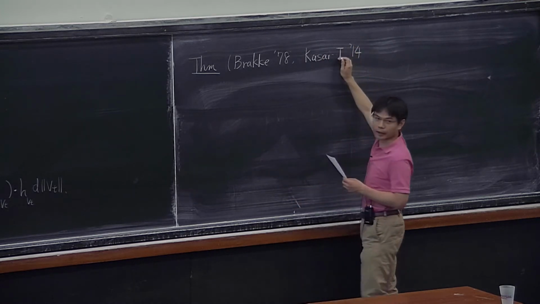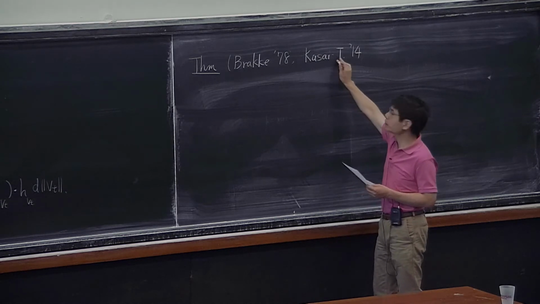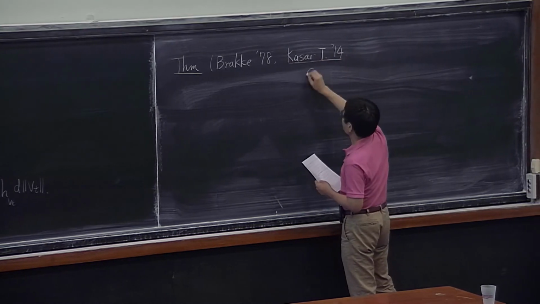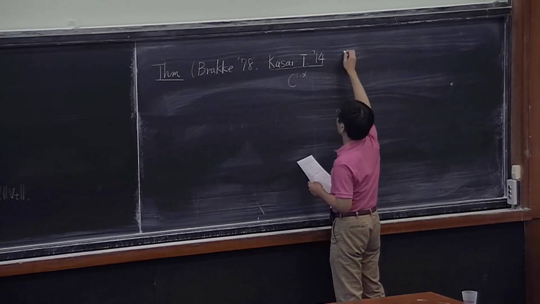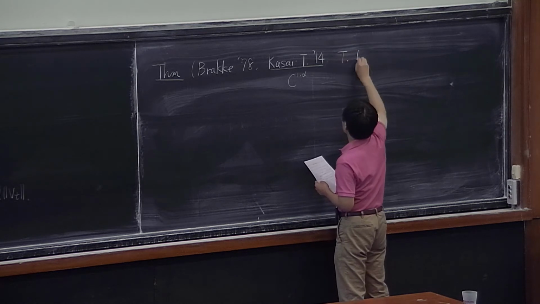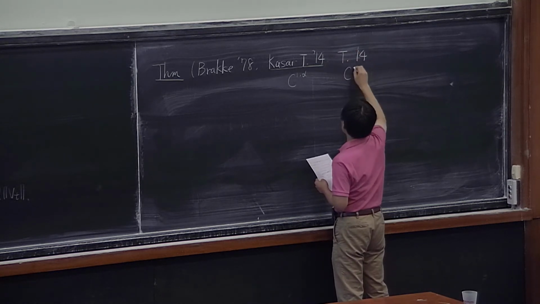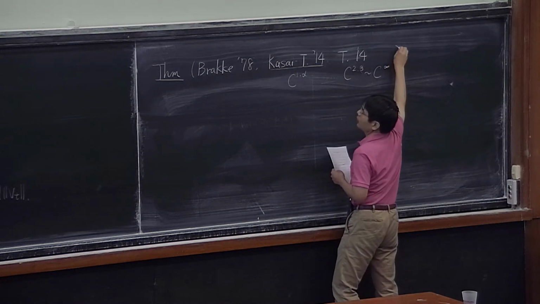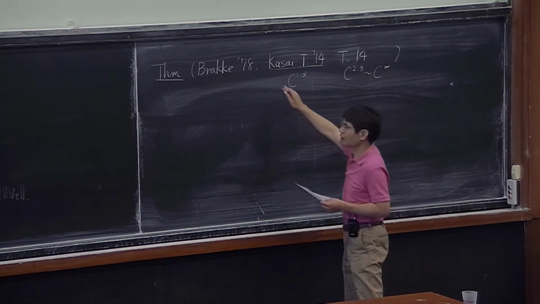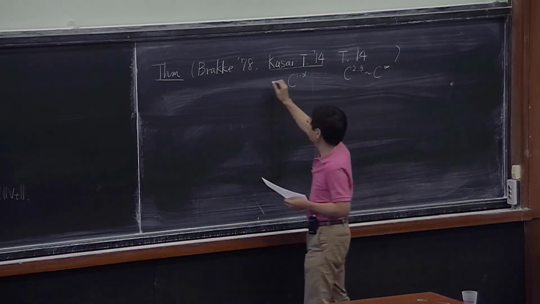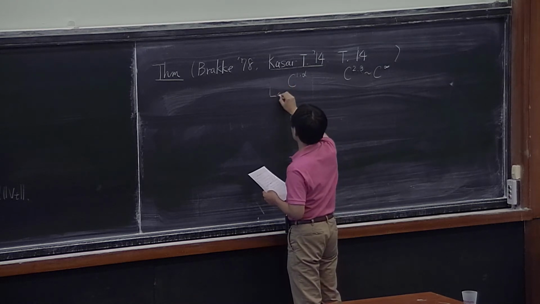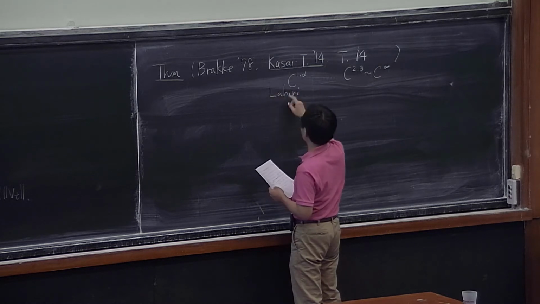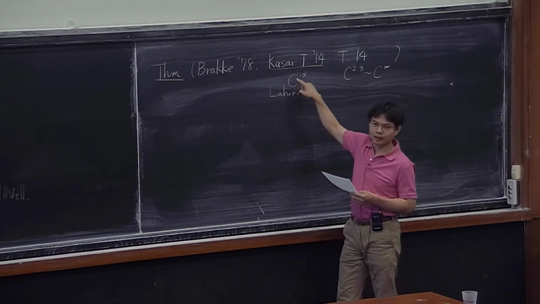This paper is the one that I listed as a reference in the abstract. By the way, this one is a C1 alpha regularity theory, and the other one, also this 14, is the C2 beta and C infinity result. And maybe I should also add Lahiri's work on this. Lahiri's work is, by the way, up to C1 alpha.